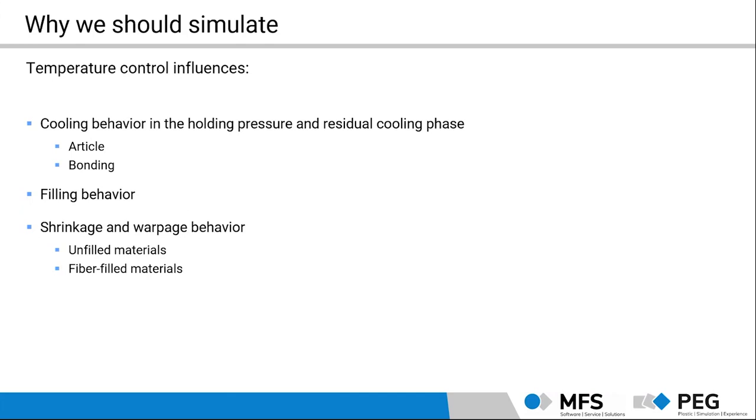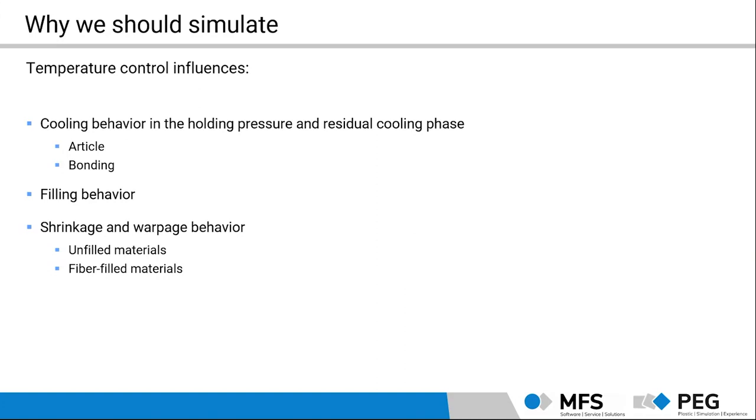But the cooling system also affects our filling behavior if we have huge differences in the mold surface temperature. And of course, we all know that the shrinkage and warpage behavior is also impacted by the cooling system, especially for the unfilled materials, and of course less for the fiber-filled materials.